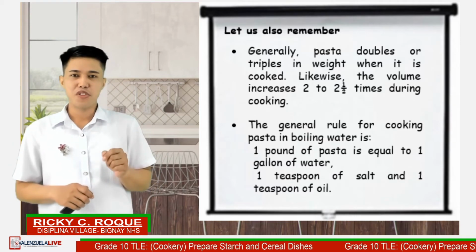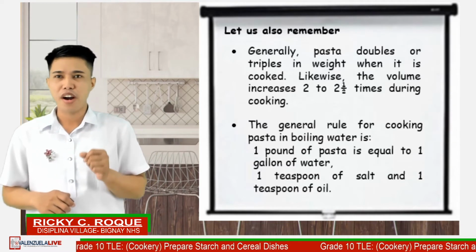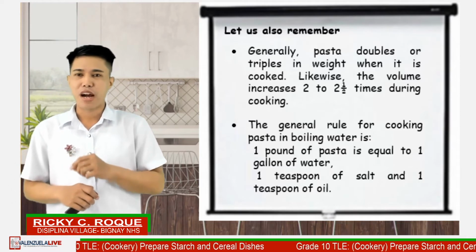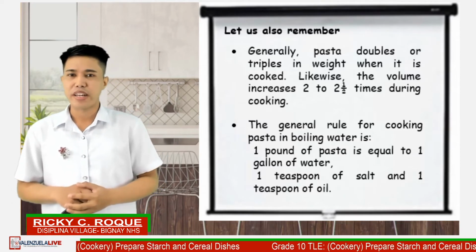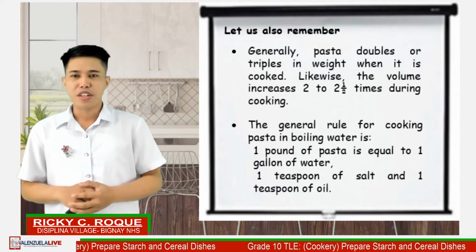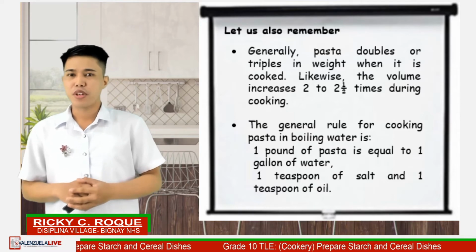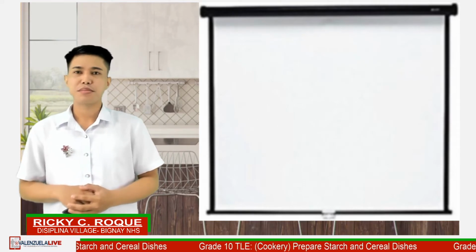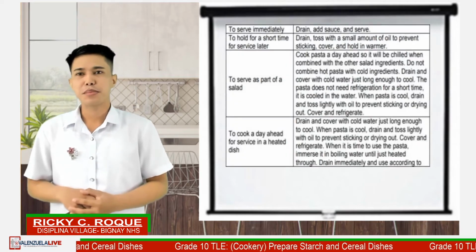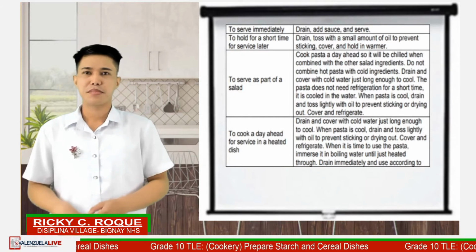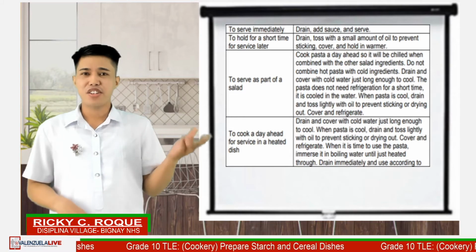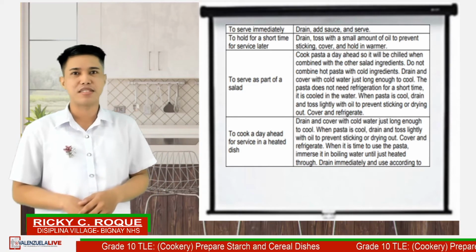The general rule for cooking pasta in boiling water is 1 pound of pasta to 1 gallon of water, 1 teaspoon of salt, and 1 teaspoon of oil. Here are suggestions for holding pasta.